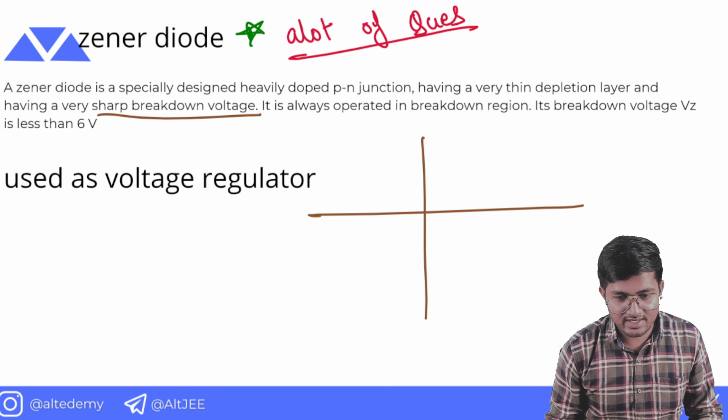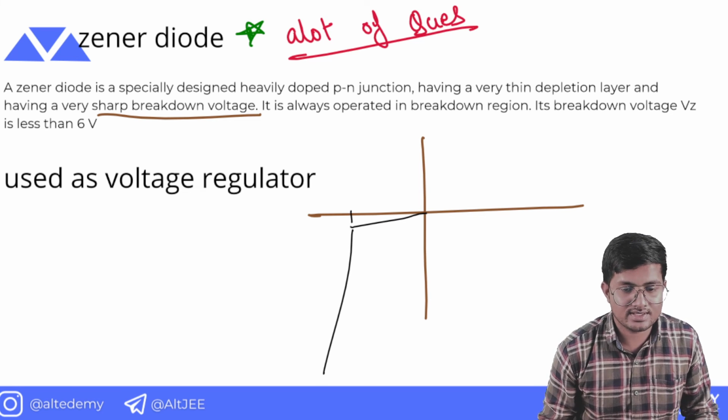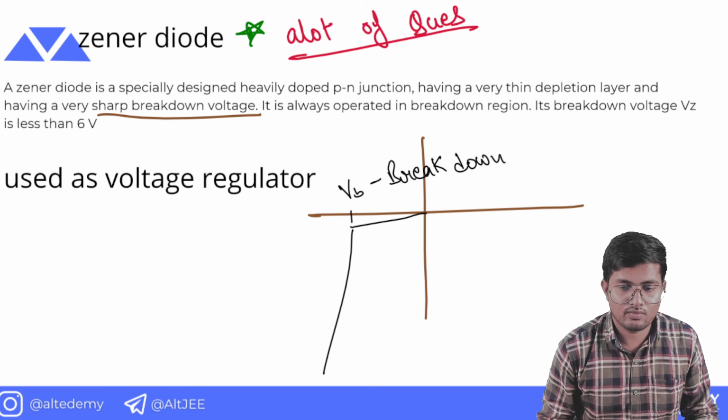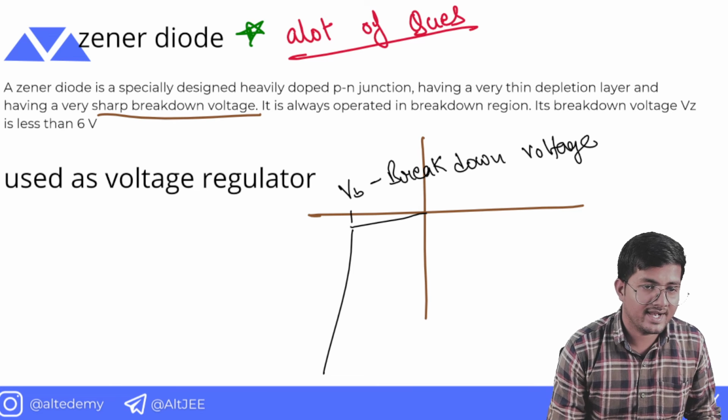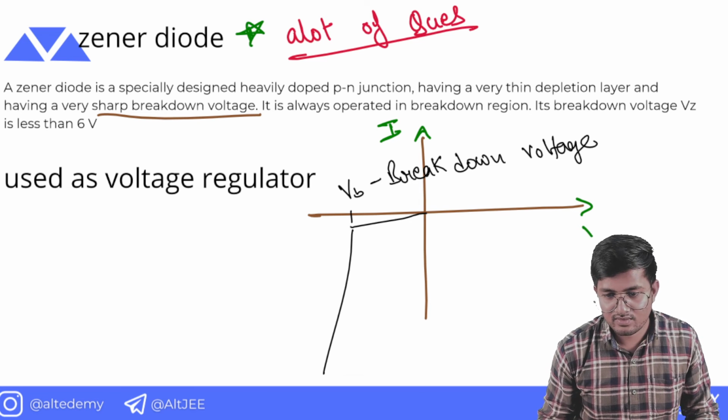So if I try to draw the diagram for reverse bias, it is something like this. This is known as breakdown voltage. On the y-axis I'm taking the current, and on the x-axis I'm taking the voltage.